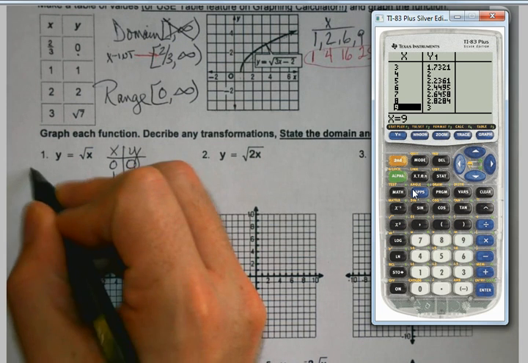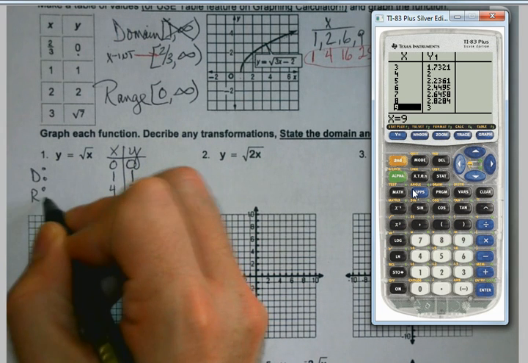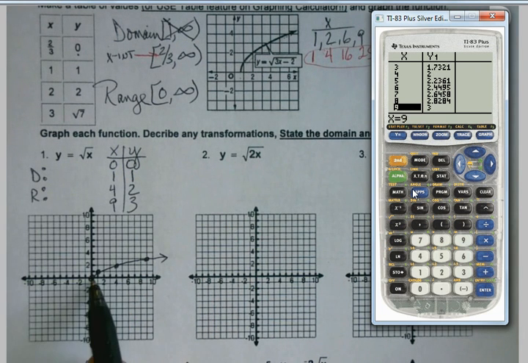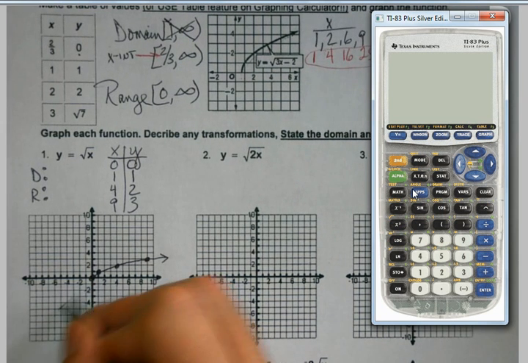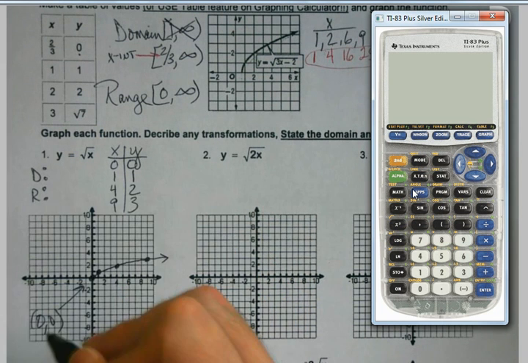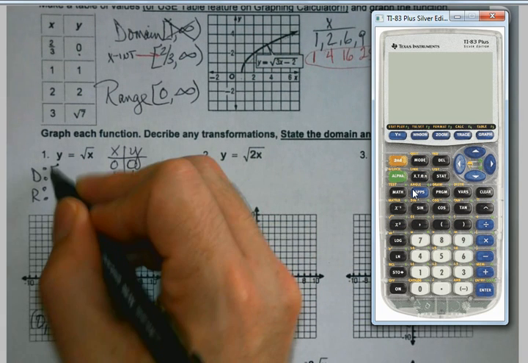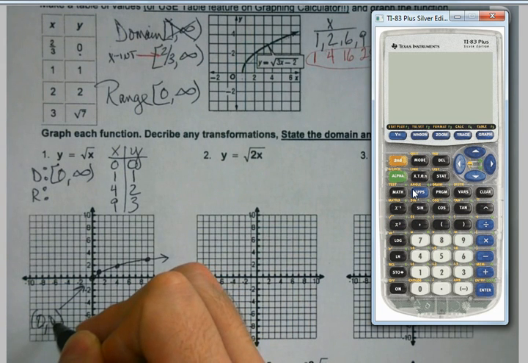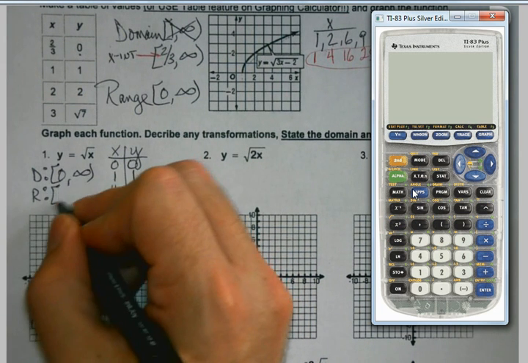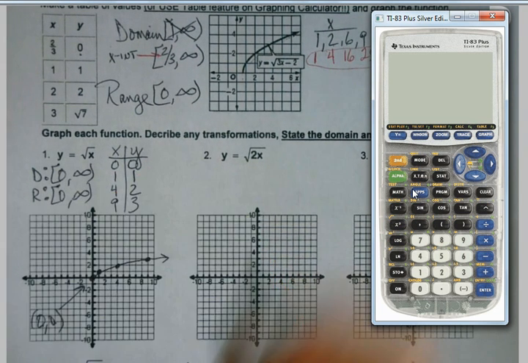When I go to do my domain and range, I look to wherever that first point is at. Since my first point's at 0, 0, that means my domain is starting at that x value, 0. My range is starting at that y value, 0, which makes sense.